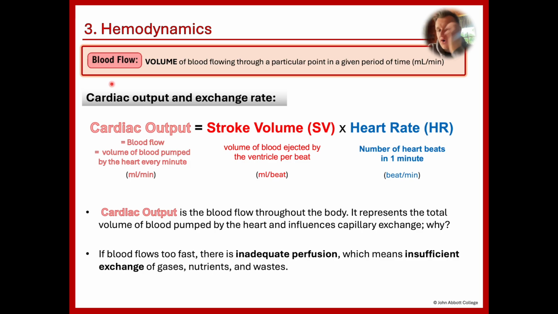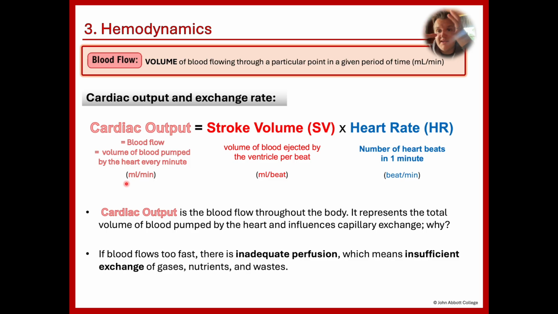And so this has to do with, we don't necessarily use the term blood flow in clinic. We actually use the term cardiac output to speak about this. So cardiac output is what we measure as blood flow. It's the volume of blood that's pumped by the heart every minute.